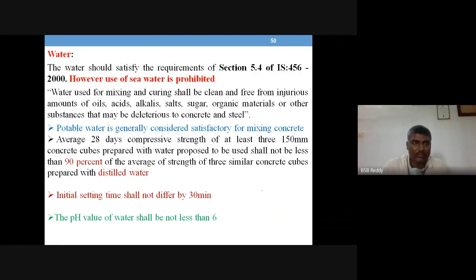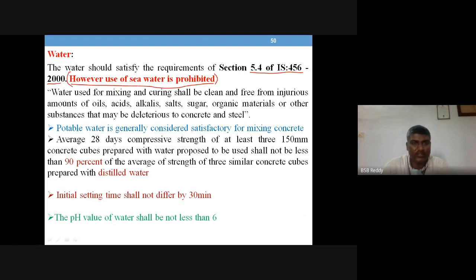Coming to the water, the water should satisfy the requirements of clause 5.4 of IS 456-2000. However, use of seawater is prohibited.